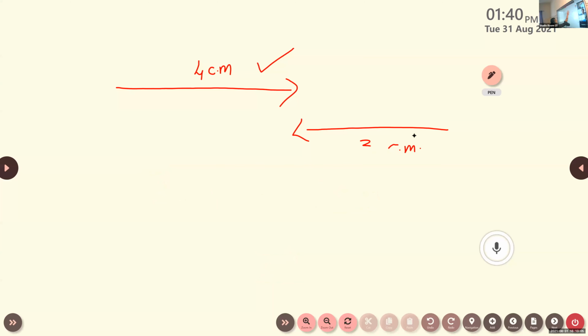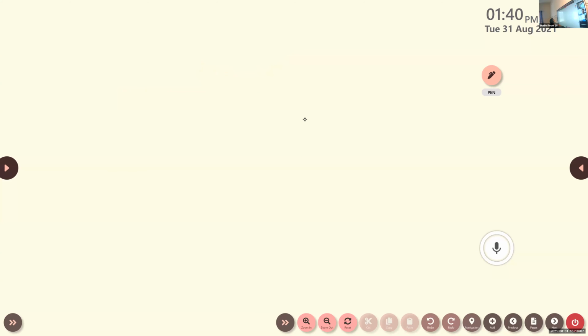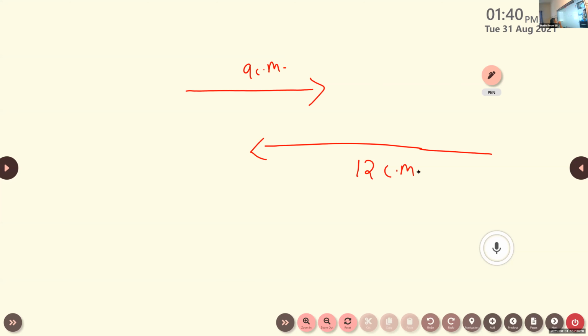One more example. 9 centimeter, 12 centimeter. Find the resultant vector, 9 and 12.